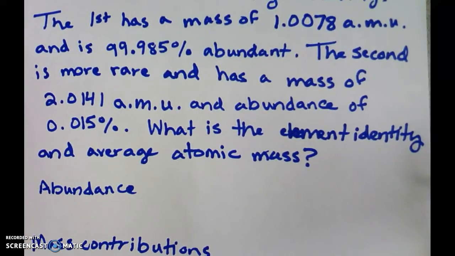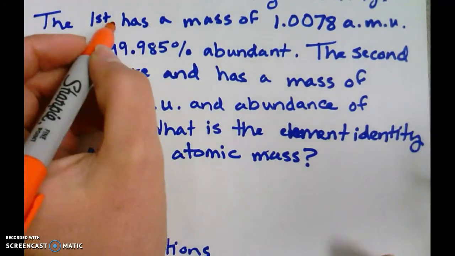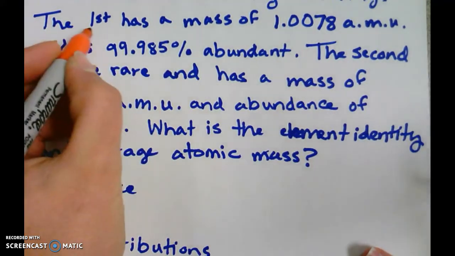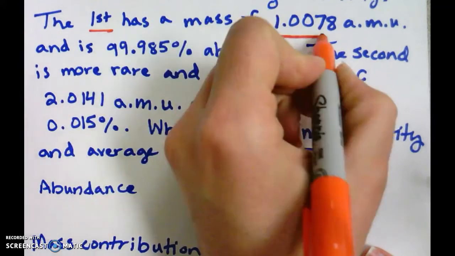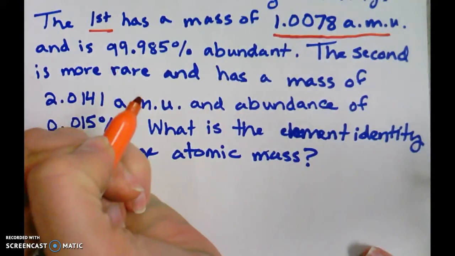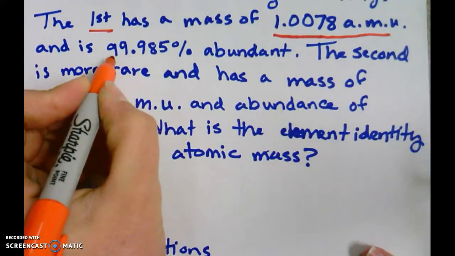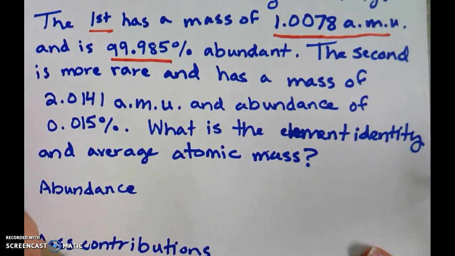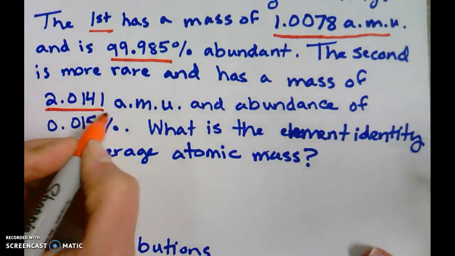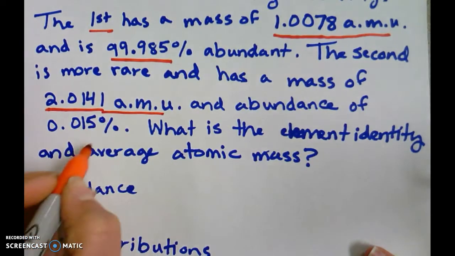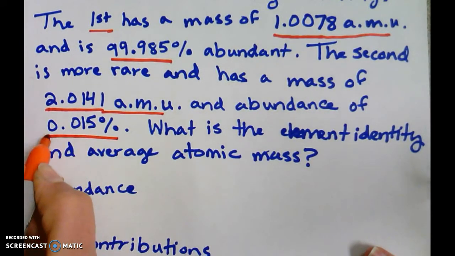The first one, so we'll call this isotope 1, has a mass of 1.0078 AMU. So that's the mass, and is 99.985% abundant. The second is more rare and has a mass of 2.0141 AMU and an abundance of 0.015%.